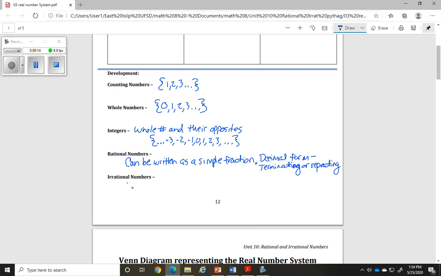And an irrational cannot be written as a simple fraction. And the decimal form, they're non-repeating and non-terminating decimals.